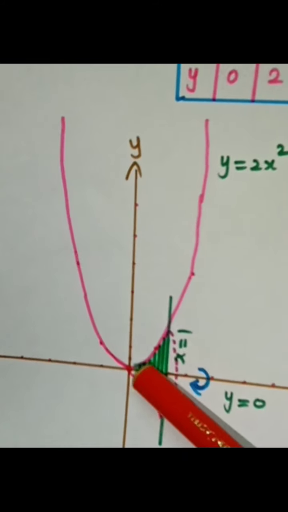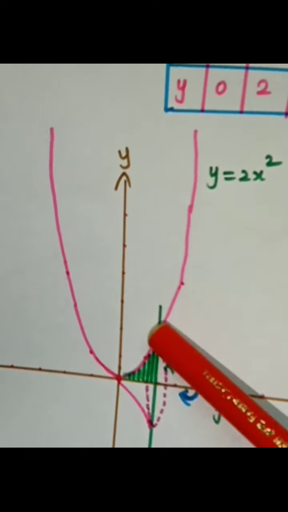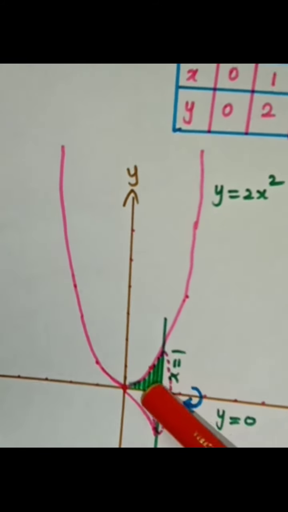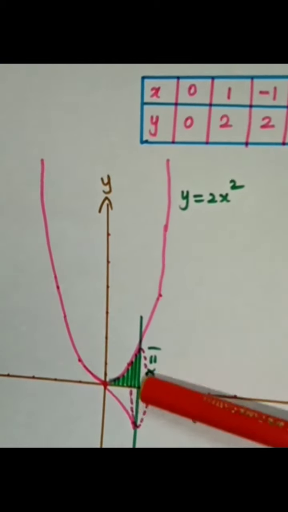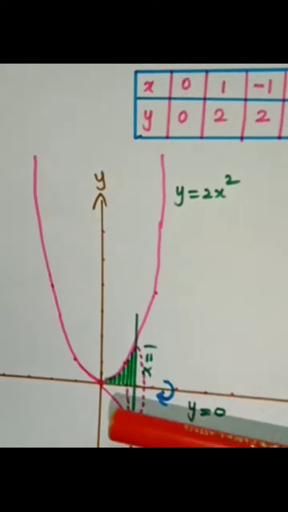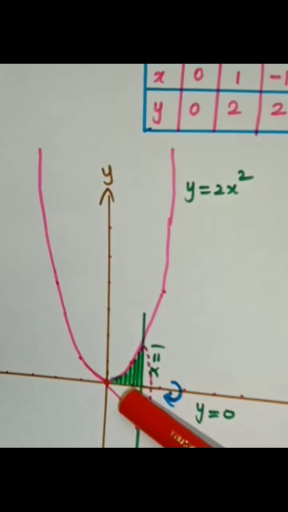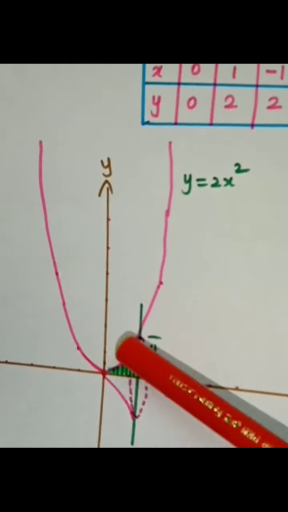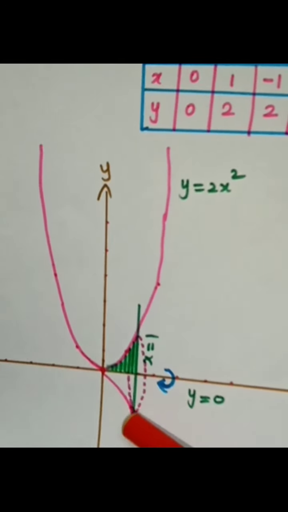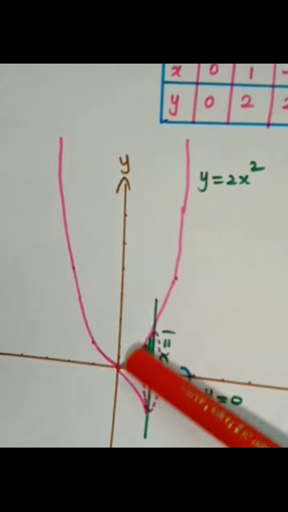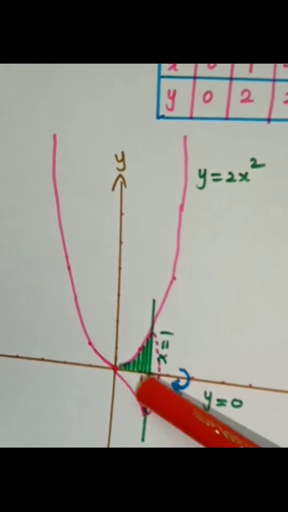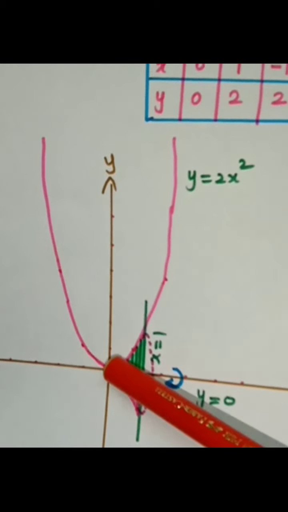This part is not a triangle because on one side the curve is there. So this part is revolved about the x-axis. When it revolves about the x-axis, you will get a solid. For that only I have marked here. It's not the curve; the curve only opens upward. So when it revolves, you will get the solid.